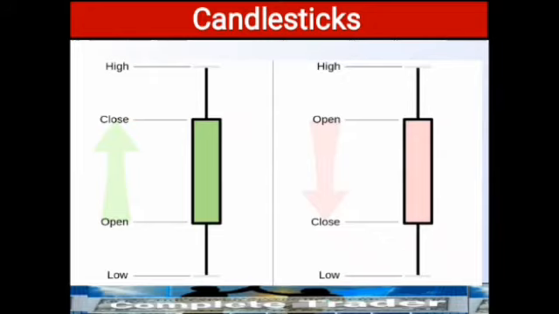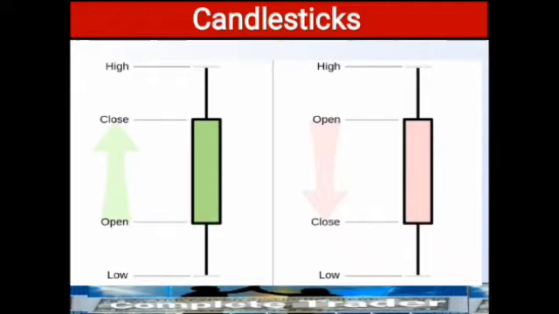The opposite is true in the case of the bearish version of the candlestick. We have the open, and the close is always lower in value than the open. And this is the body of the candle, while these are the wicks.